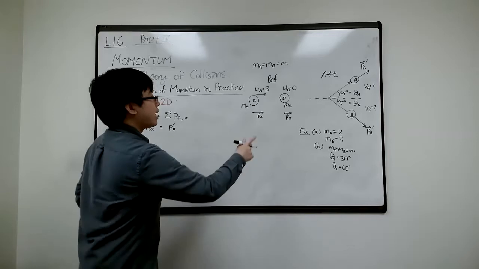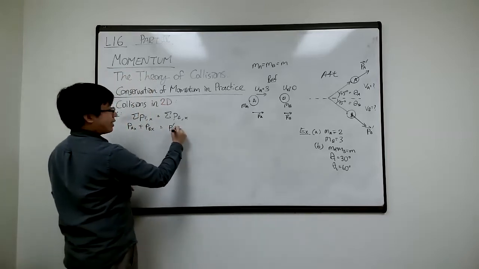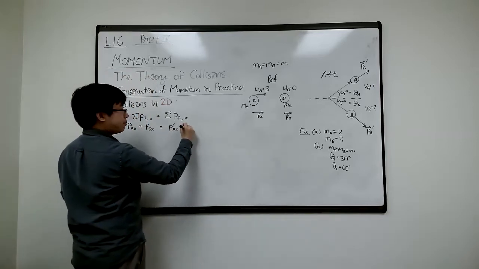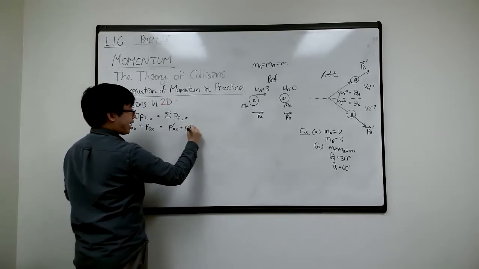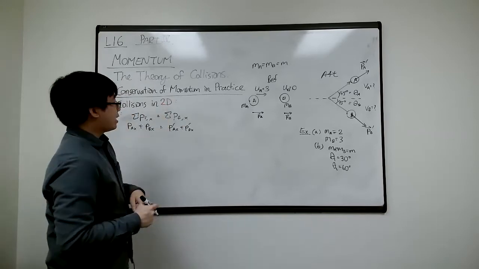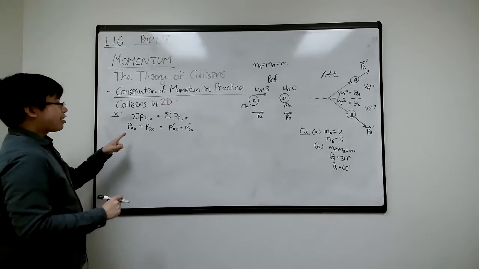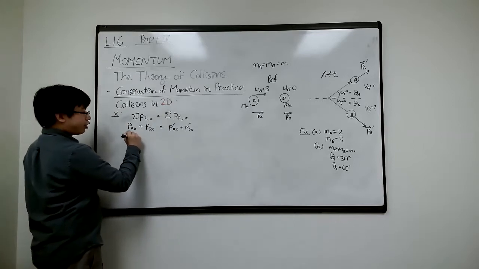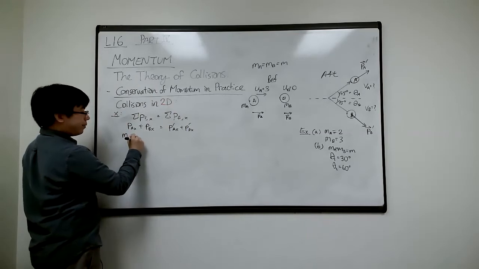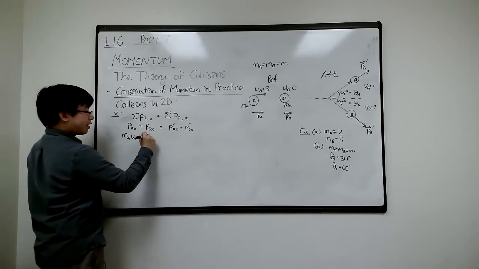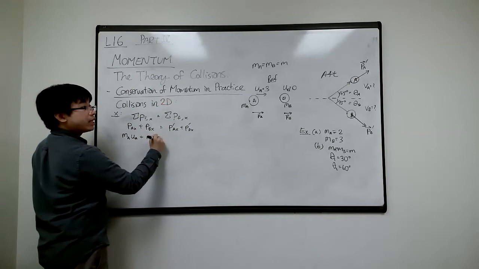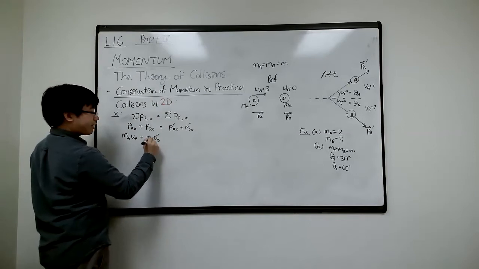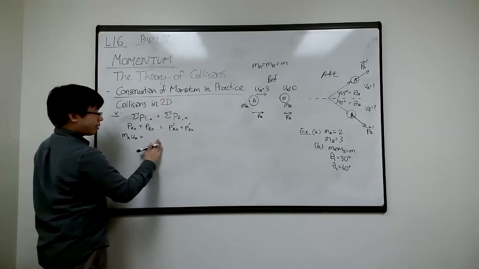So finally it's PAX prime plus PBX prime. What can I learn over here? Well, this is MAUA plus MBUB, and the U of B is going to be 0.